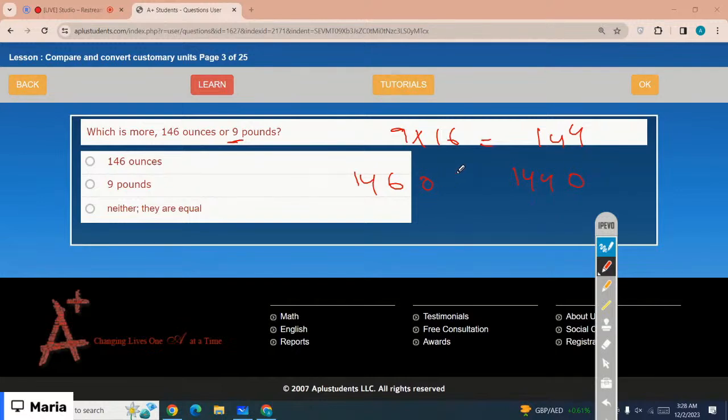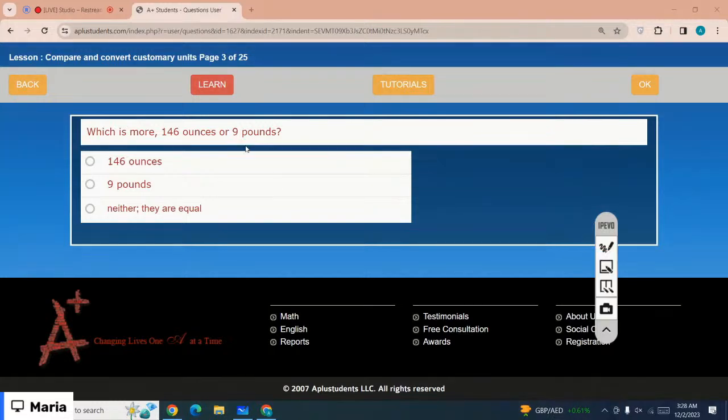So obviously 146 is greater than 144. So 146 ounces is more. Got it?